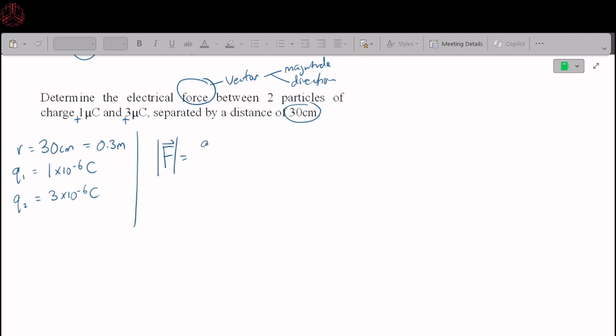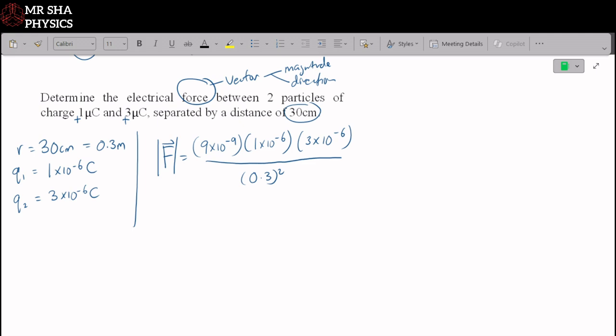So I'll have 9 times 10 power of 9, and then 1 times 10 power of negative 6, and then 3 times 10 power of negative 6, over r squared, which is just 0.3 squared. If we key that in, we will find that the force is going to be 0.3 Newton.